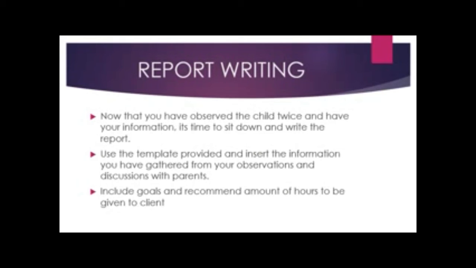Now that you are writing the report, you want to use that template that we provided to you. If you don't have the template, again, it will be in the resource finder in the back with the trainings in there. And you want to write goals that are appropriate for the child. If you're having a difficult time writing goals, ask for help.